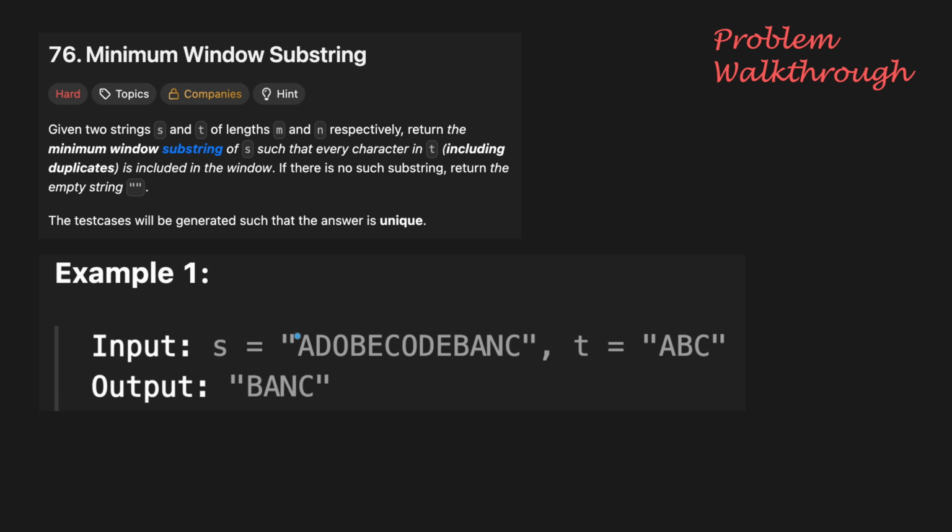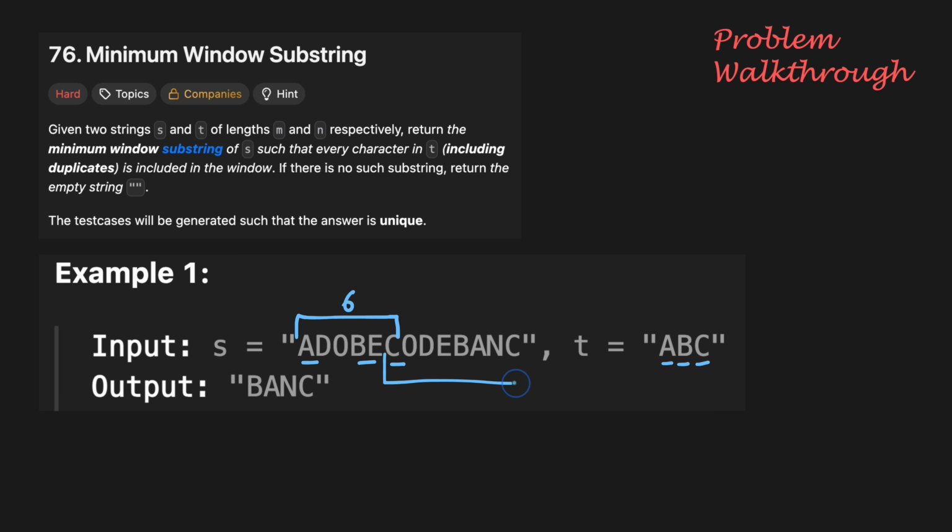Then in example 1, for the given s and t, we need to find the shortest slice of s that has at least one a, one b and one c. And one substring we can look at is this one, because it has one a, one b and one c. Its length is 6, and this can be a potential answer.